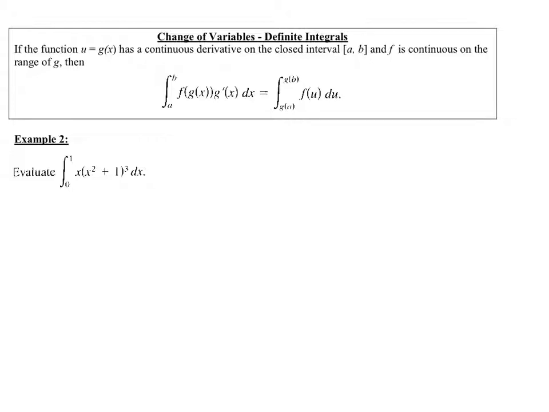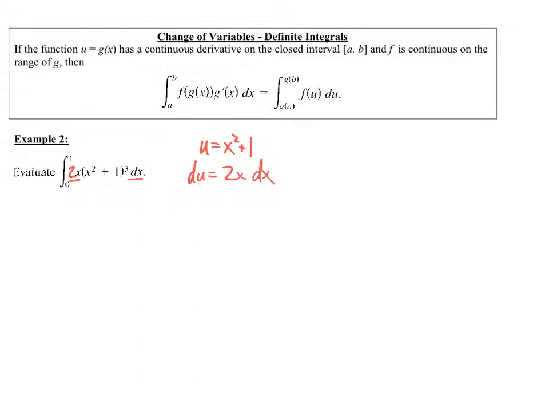So, if I'm doing this one, what's u going to equal in this case? x squared plus 1. Good. u equals x squared plus 1. Alright? So du is what? 2x dx. So I almost have what I need for my du. I'm missing the 2.